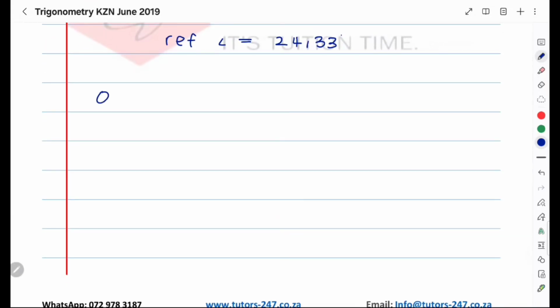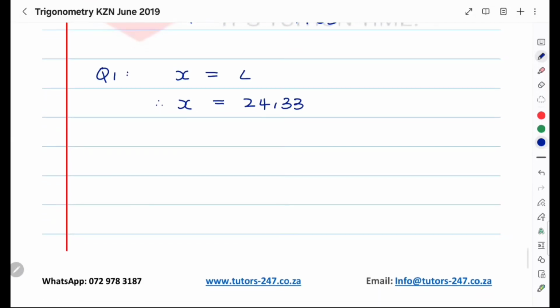So our solution in quadrant 1, we are going to say x, which is the angle, is equal to the reduction formula in quadrant 1, which is just theta. And that is going to be our reference angle. So instead of using theta, I'm just going to say angle. So from here, our solution in quadrant 1 is therefore equal to 24.33.